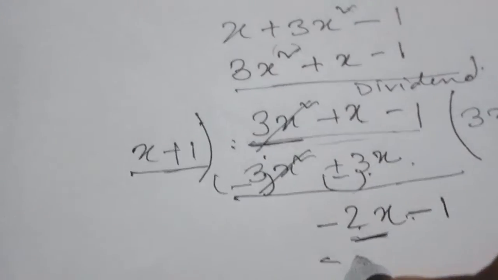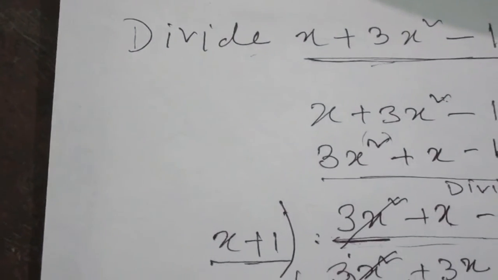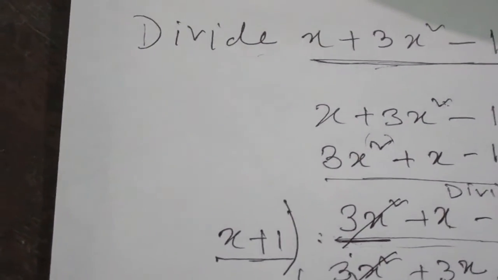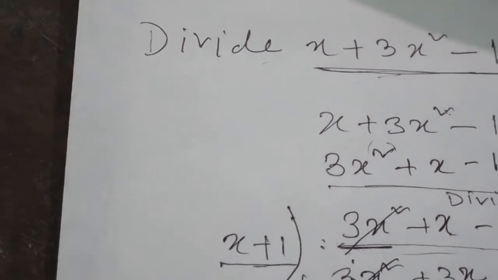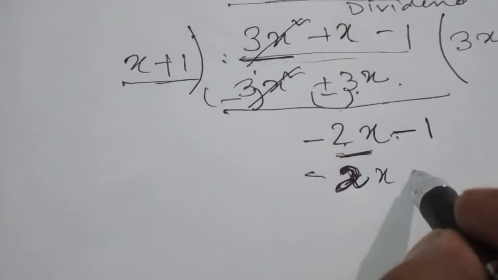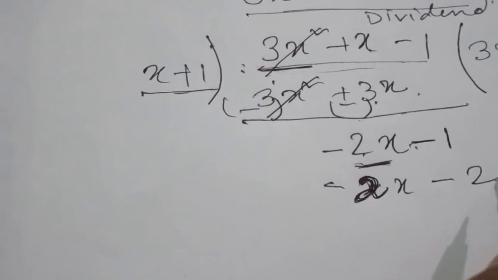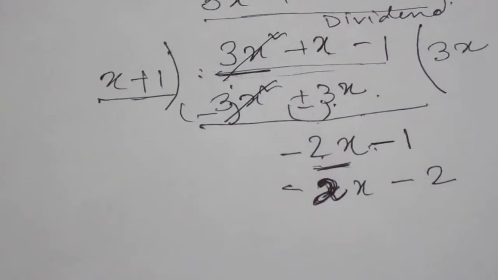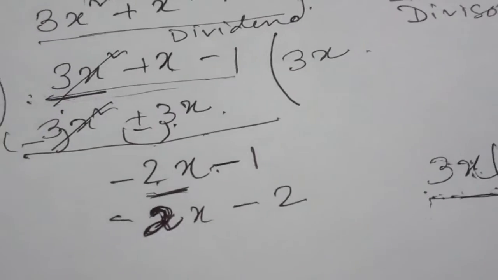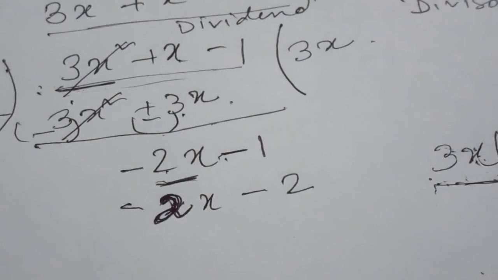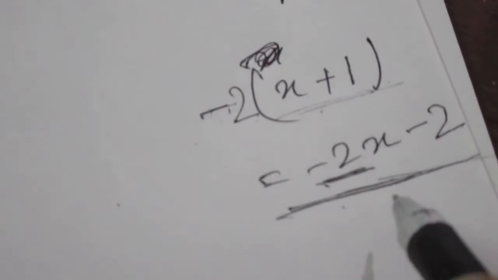Now we have to write this whole expression, minus twice x minus 2, here. Okay, now what is the coefficient? If I multiply minus 2 with x plus 1, then only we get minus twice x minus 2.